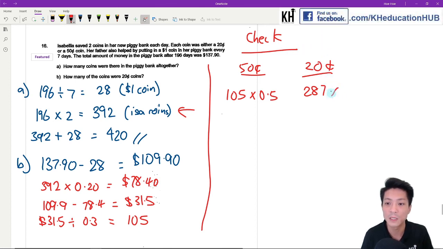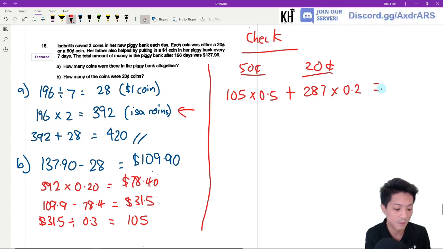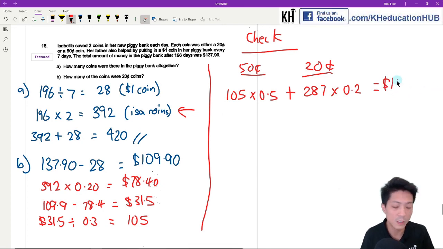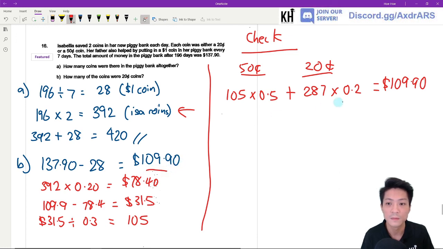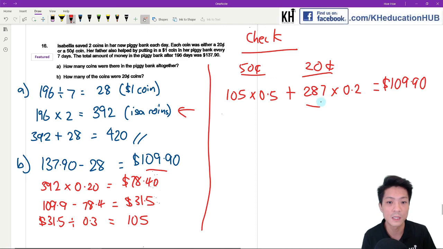I multiply it by 20 cents and add them together to check for the total. It gives me $109.90, which is the same as the amount over here. So the answer for part B is 287 20-cent coins.